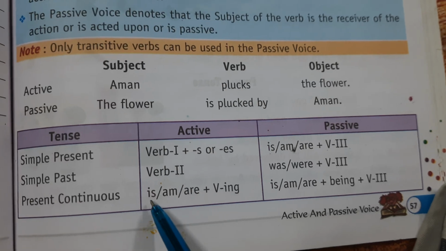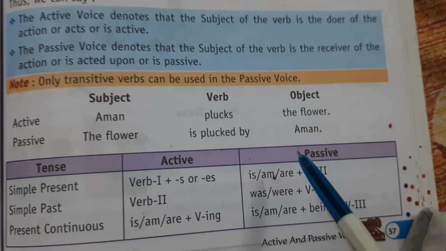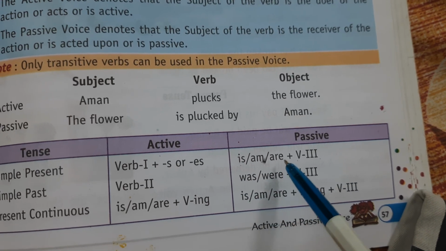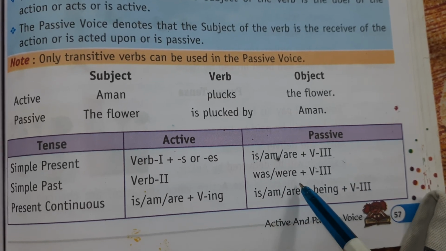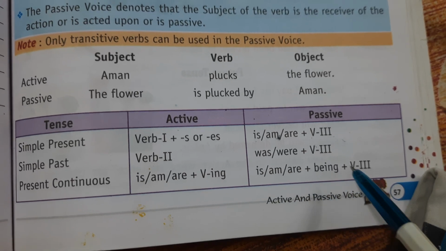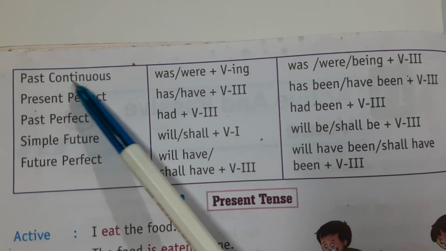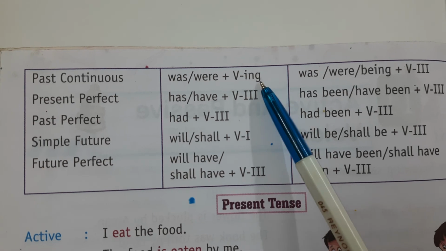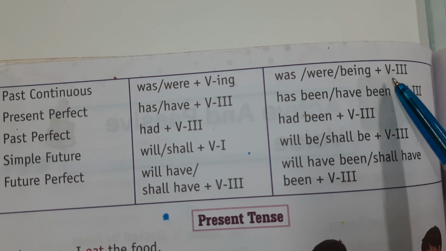Present continuous: is, am, are plus verb plus ing. In passive we use is, am, are plus the third form. Past: was, were plus third form. Is, am, are plus being plus third form. Past continuous: was, were plus verb plus ing; passive: was, were being plus third form.